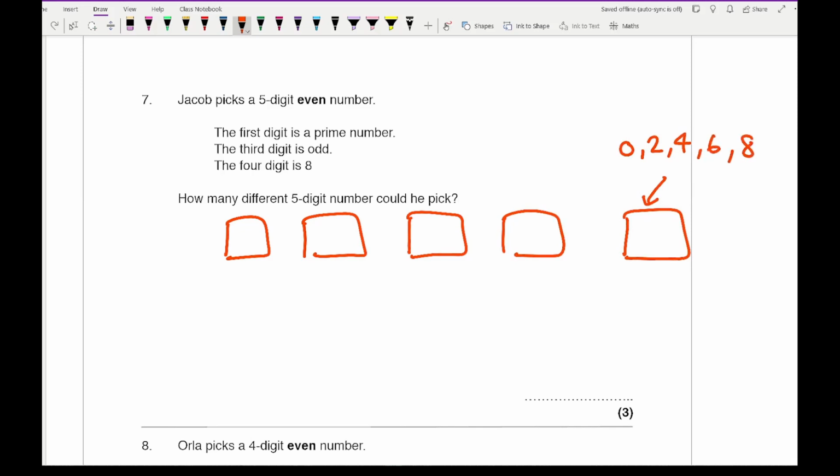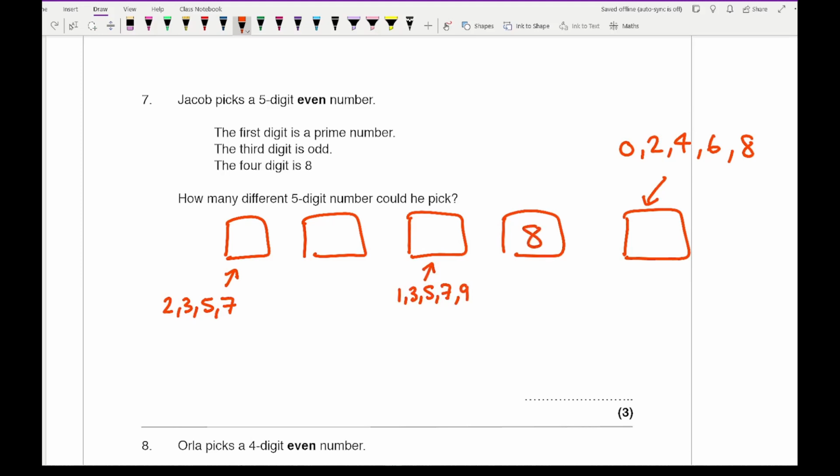Now it says the first digit is a prime number. So how many prime numbers are there between 0 and 9? Well, 2 is prime, 3 is prime, 5 is prime, 7 is prime. So there are 4 possible combinations. The third digit is odd, so that's going to be a 1, 3, 5, 7, and a 9. And the fourth digit is 8.